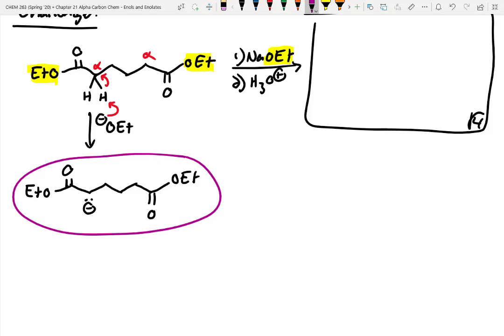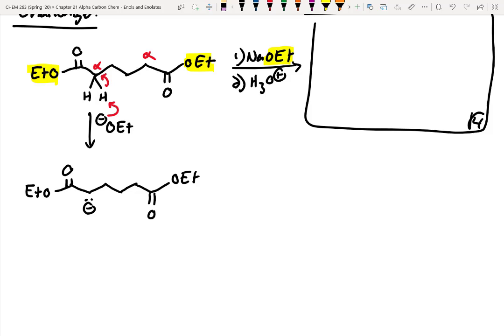Going from, let's say 2 moles to 1 mole is entropically disfavorable when forming a ring is just 1 mole to 1 mole. So what happens is this negative charge will actually attack the other side, which makes sense because this would be carbon 1, 2, 3, 4, and 5. We would end up forming a 5-membered ring.